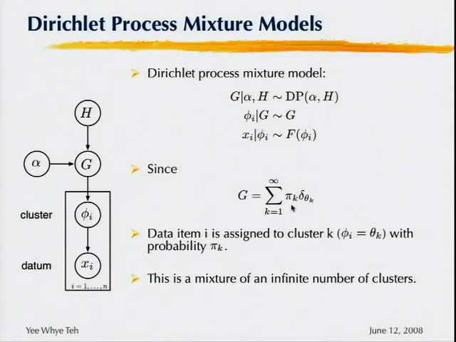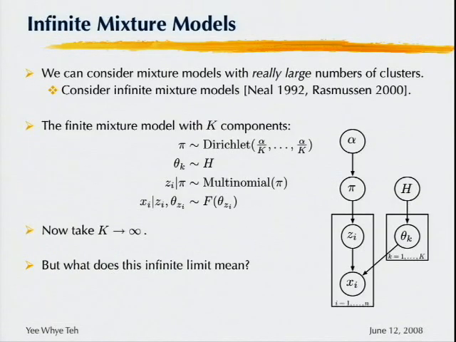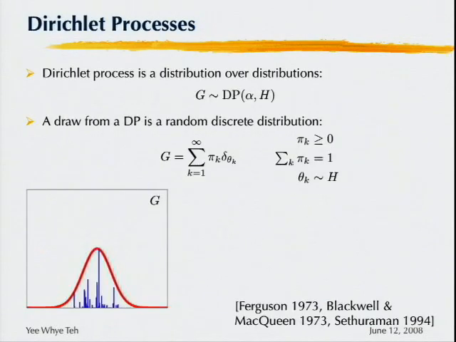The pi's correspond to your mixing proportions, and theta k corresponds to the parameters of your clusters. So this is a very nice way of describing a mixture model with an infinite number of components. And it turns out that it's equivalent to this infinite limit of finite models that I've described here.